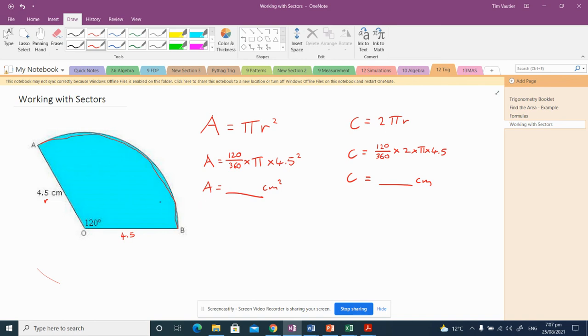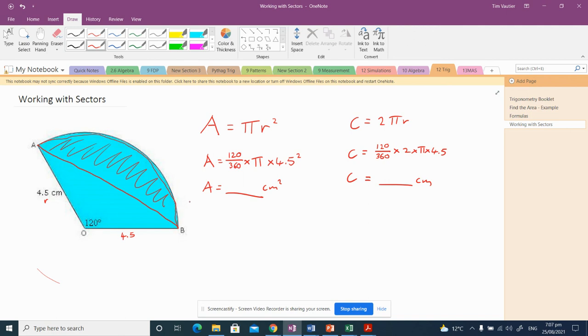If you deal with this stuff, often the questions and the way you'll have to apply it will be a bit more involved than just, say, finding the area. It may be that you're dealing with something where you've got a line across there. You might need to find just this part. You might be finding the area of that section and not the full sector.